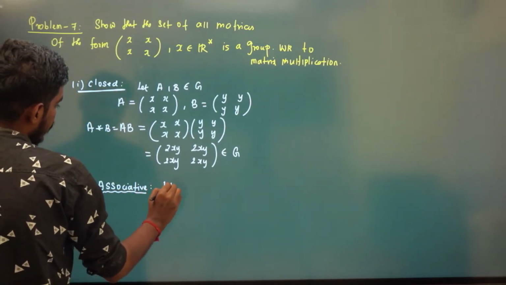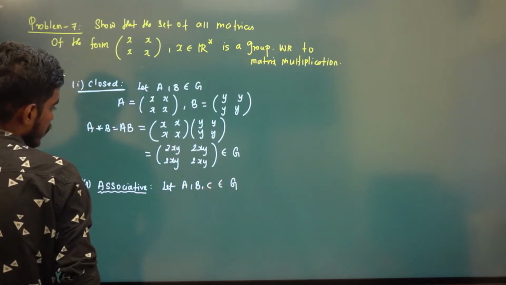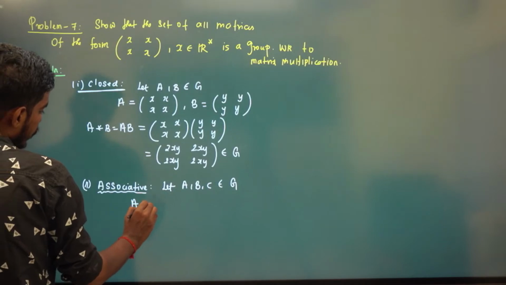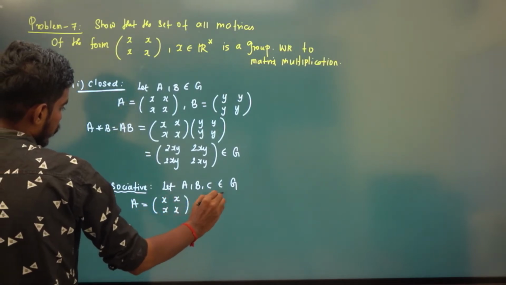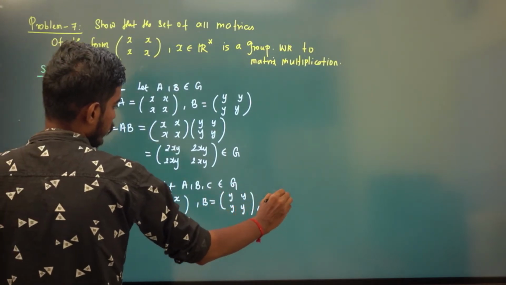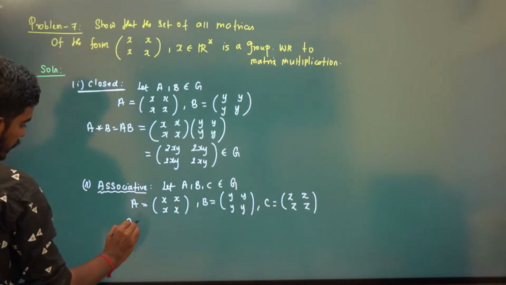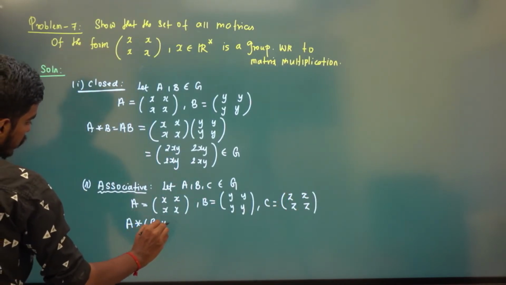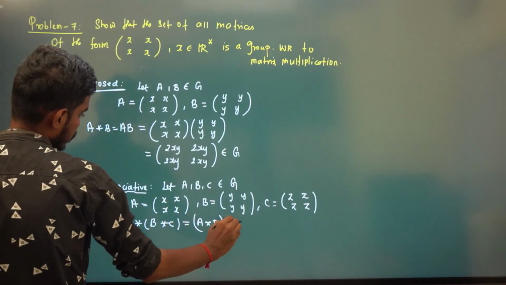For associativity, let us take three matrices A, B, C belonging to G. Let A be [x, x; x, x], B be [y, y; y, y], and C be [z, z; z, z]. So what about A star (B star C) and (A star B) star C?